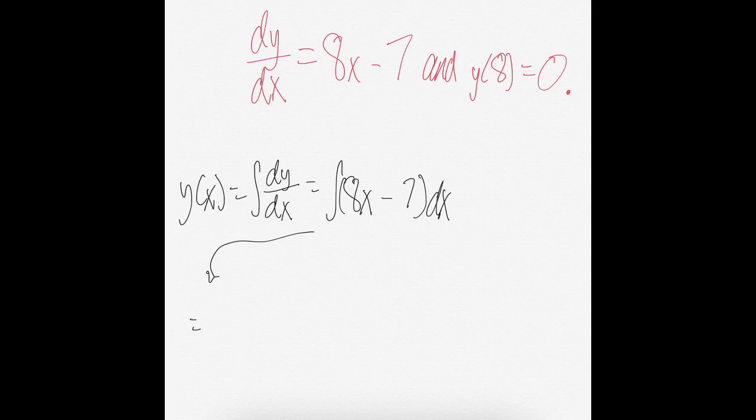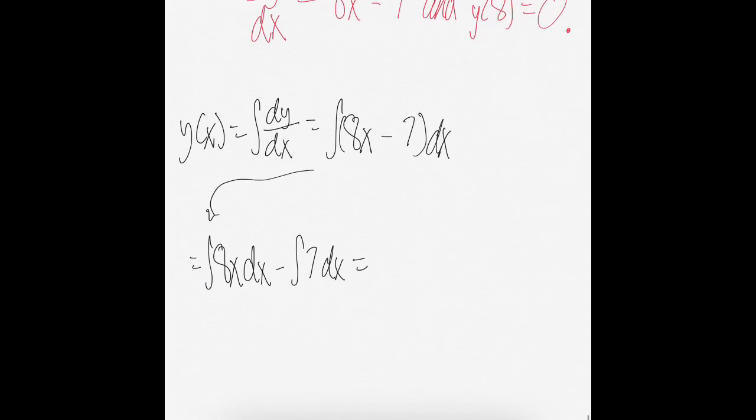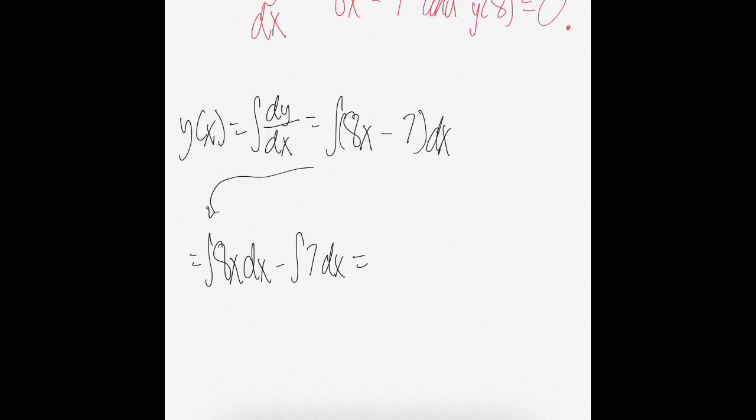So that's the integral of 8x minus 7 dx. Right, we're told that dy dx is 8x minus 7. And this will be a fairly straightforward power rule, or I guess anti-power rule, depending on what you want to call it.